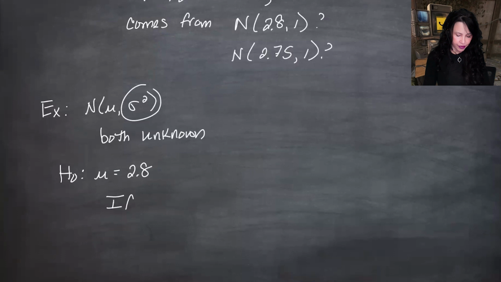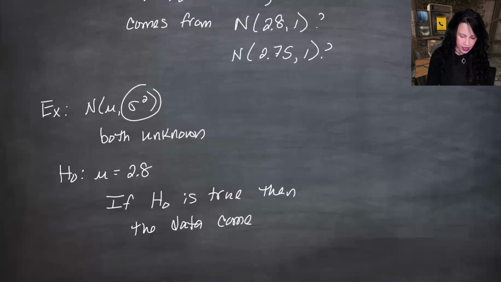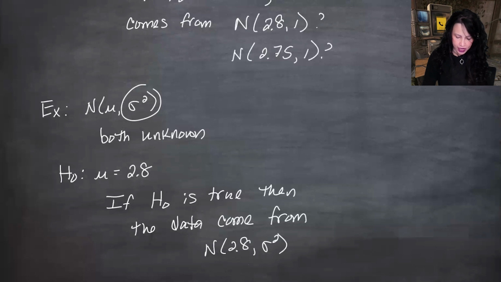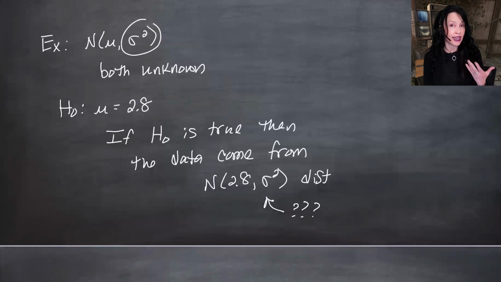So if this null hypothesis is true, then the data come from a normal 2.8 sigma squared distribution, but the problem is we don't know this. So the distribution is not completely known to us.